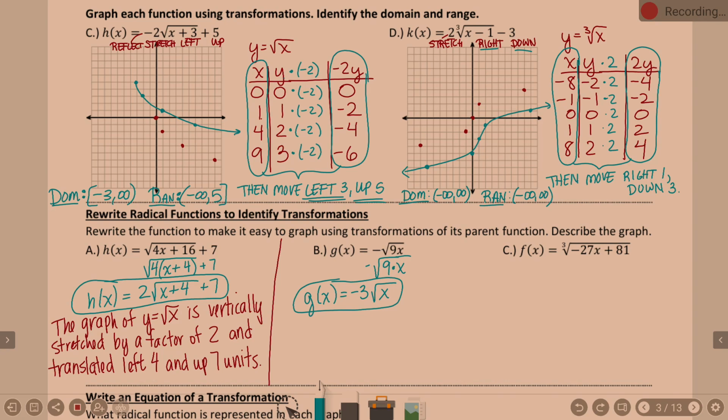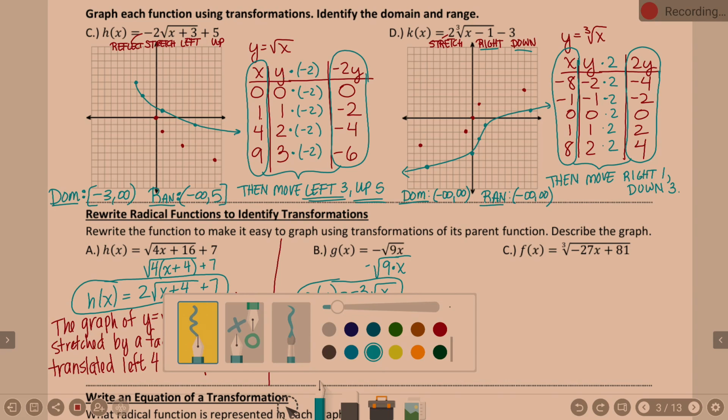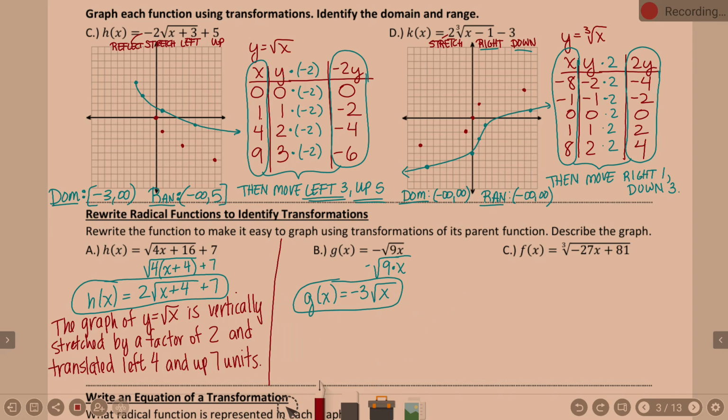Okay. So, let's put it in words. What are my pieces? Square root. We're talking about a square root graph, y equals square root of x. So the graph of y equals square root of x is what? Reflected.